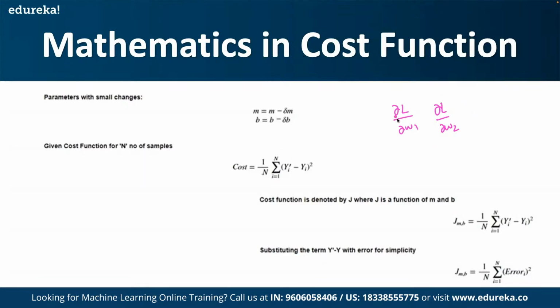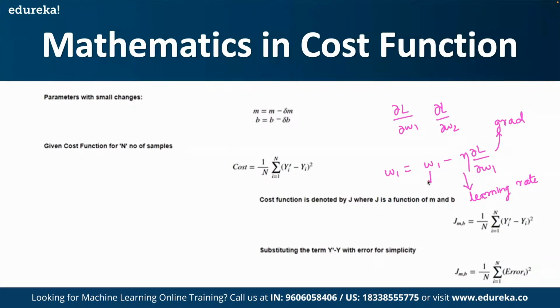Once I take the derivative, the way I'm going to update, suppose I'm updating the value of W1, is W1 equals W1 minus eta times del L by del W1. This del L by del W1 is called a grad value or gradient value. And this eta that you see right here is actually the learning rate.